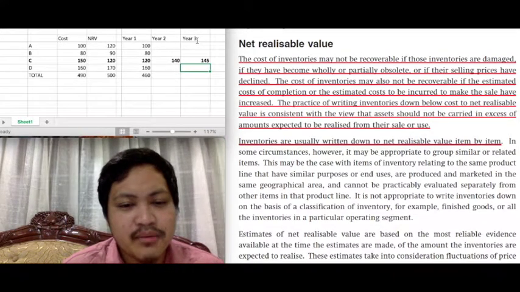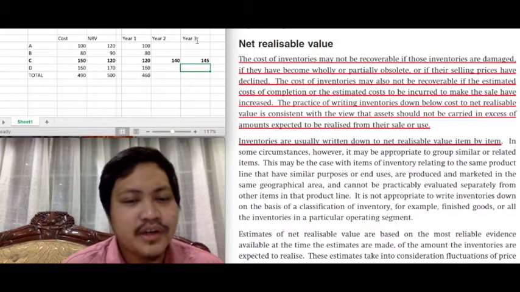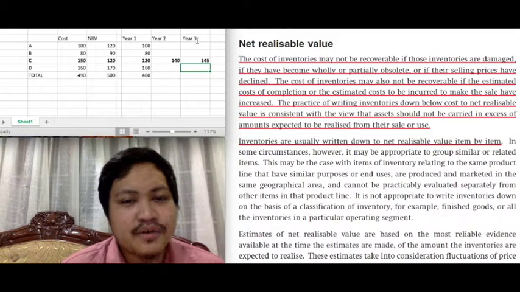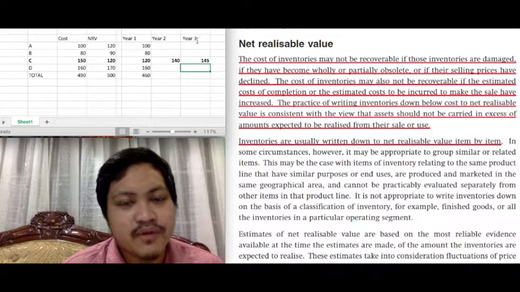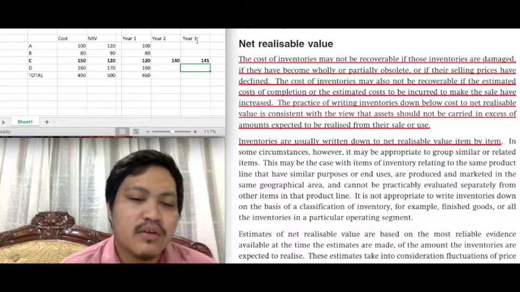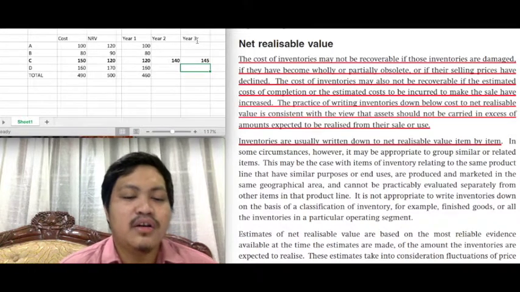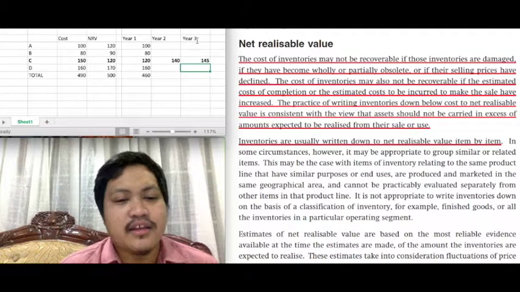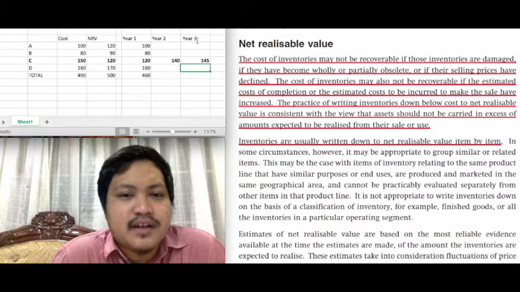It was in the amount of 30. So since we had a loss of 30 in year 1 and we were only able to recover or reverse 20 in year 2, that means it is still possible for us to recognize additional reversal of inventory write-down. So I hope that makes sense, class.